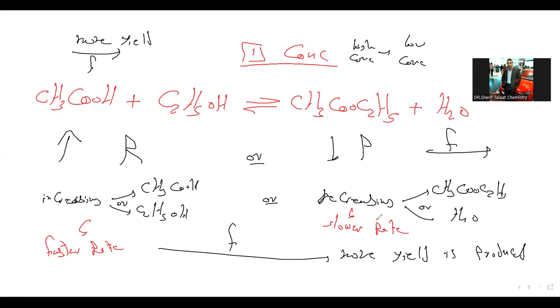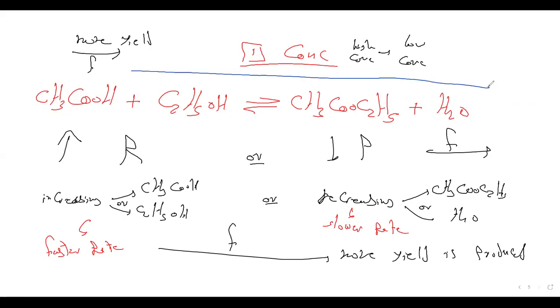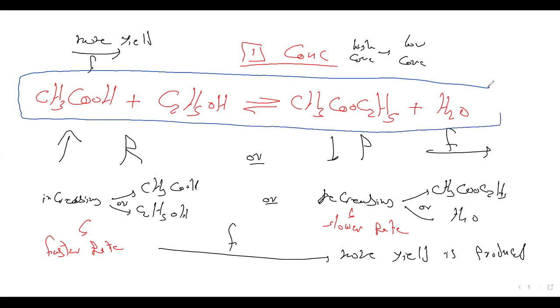Again, all of you concentrate. This is the equation that we have. In case of increasing reactants or lowering the concentration of the products, the reaction moves forward. What is meant by moves forward?